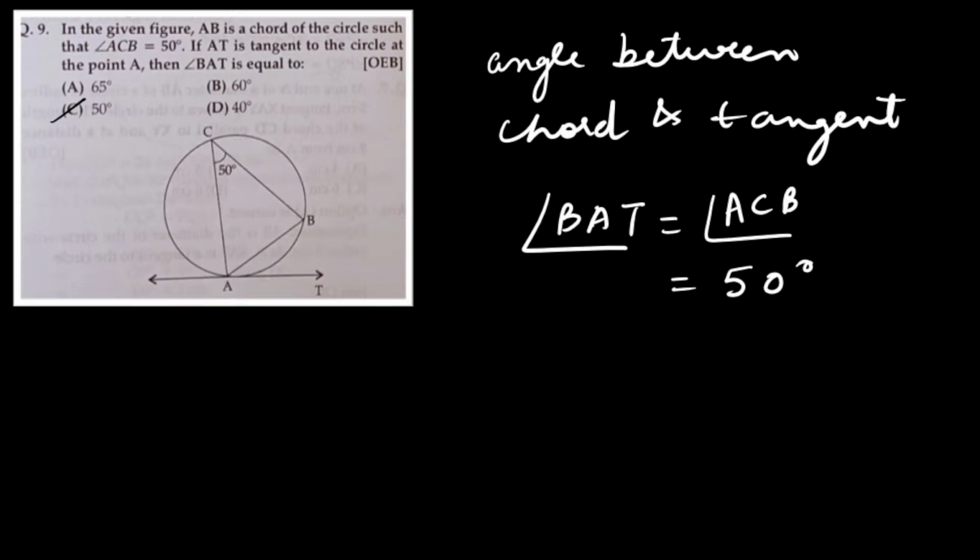So that was a very easy question. BAT is equal to 50 degree. Let's do the next question. Question number 10. In the given figure, O is the center of a circle and PQ is the chord.